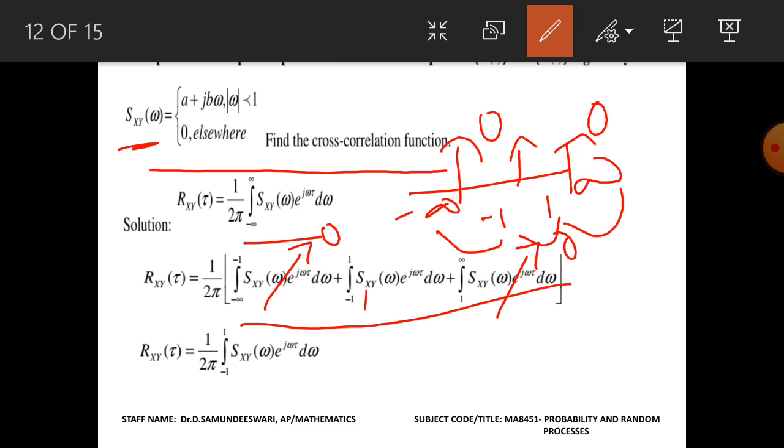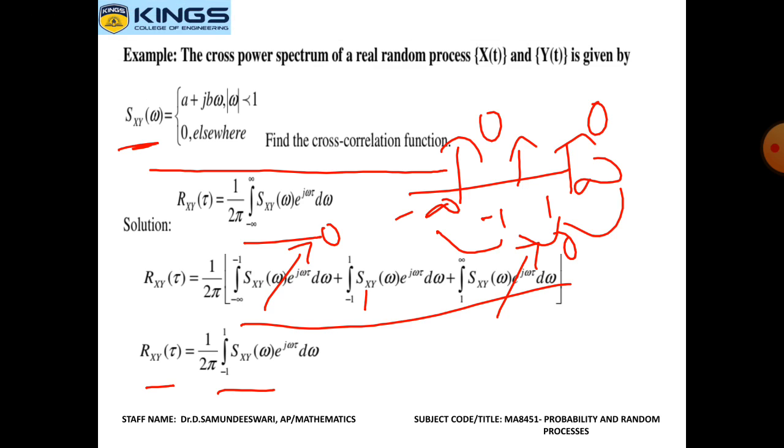So Rxy of tau equals 1 by 2 pi integral minus 1 to plus 1 Sxy of omega e power j omega tau d omega.